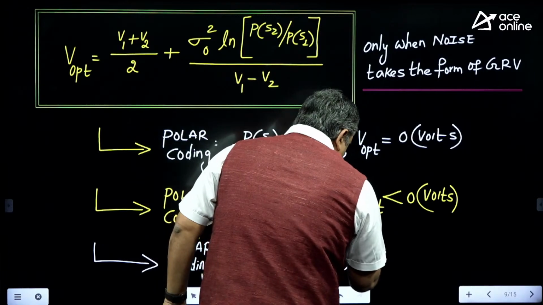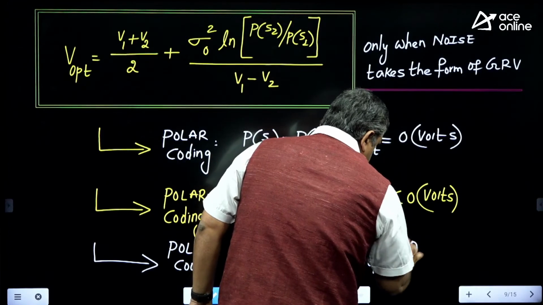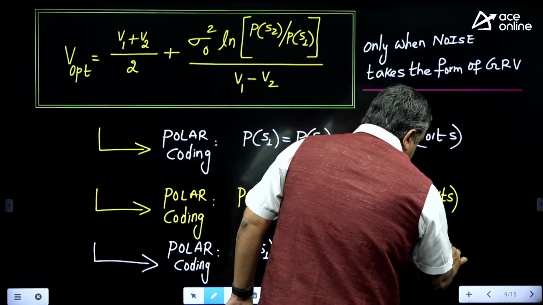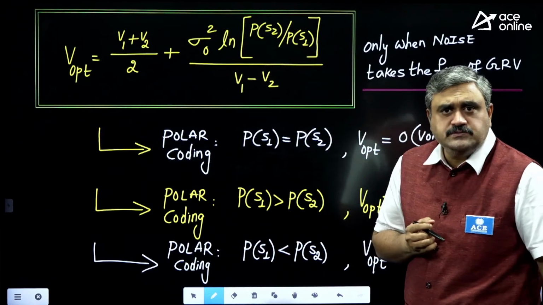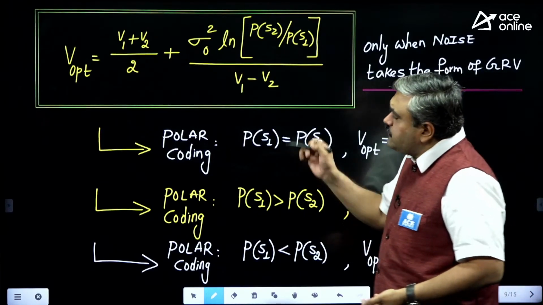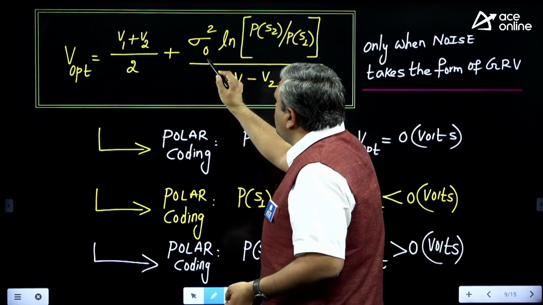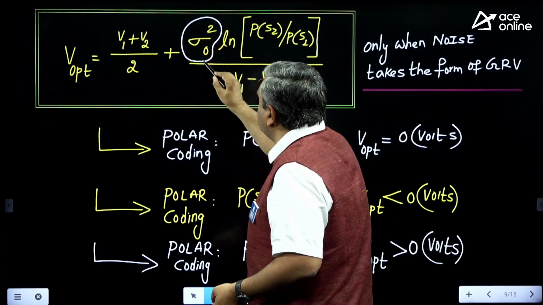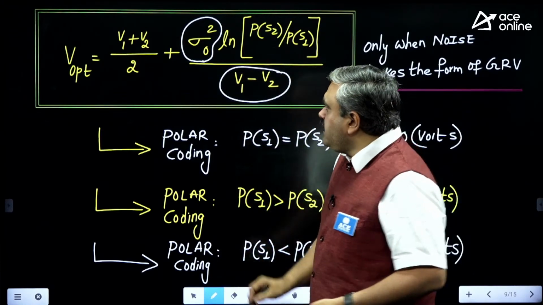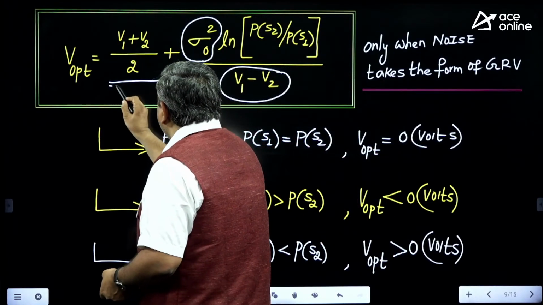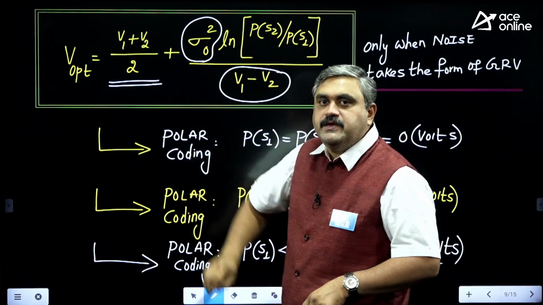That means your optimized value of threshold voltage is definitely positive or strictly positive. So depending on the coding scheme, sometimes instead of polar coding, he may give you on-off coding also, or any other coding scheme he may define. So that will tell you the first part. This part and this part is always positive. So don't need to worry about the sigma naught square, always positive. V1 minus V2, depending on the coding scheme, you will get the value. And you decide this factor. So only factor which plays the important role here is this natural logarithm of P of S2 by P of S1.